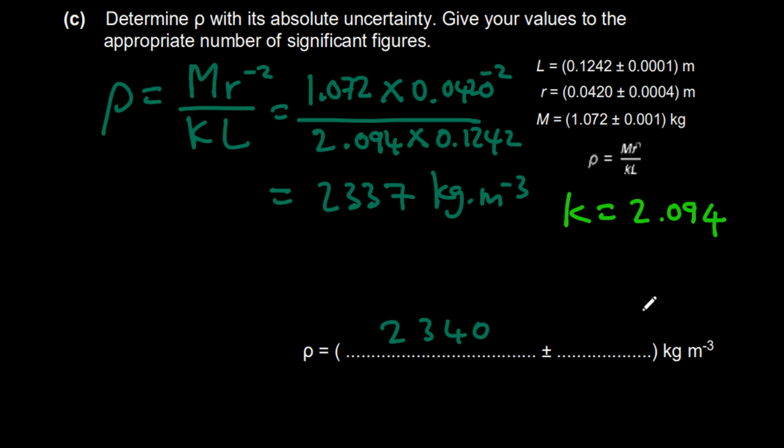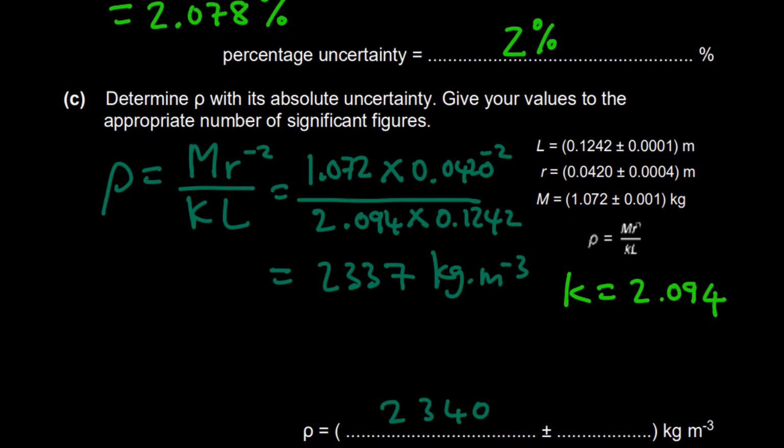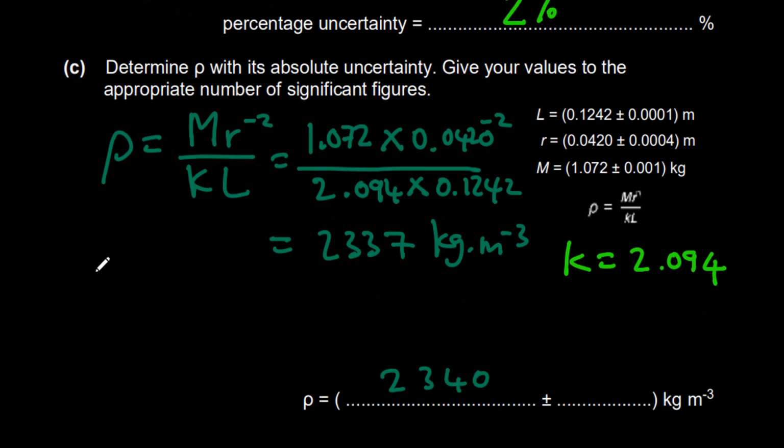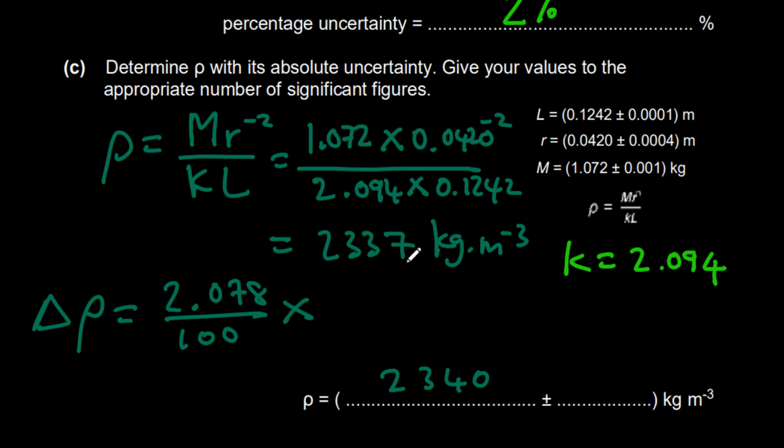We still have to find the absolute uncertainty in the density. Now, recall previously we calculated the percentage uncertainty, and it was 2.078%. Our final answer was written to one significant figure as 2%. So we want to use this percentage uncertainty to get the absolute uncertainty in rho. So then the absolute uncertainty in rho will be the percentage 2.078 divided by 100 multiplied by the value we got for rho.